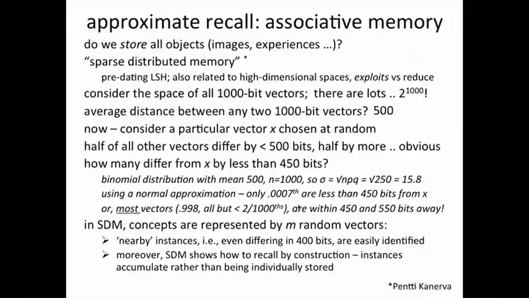Further, because of the way SDMs store instances, not as individual objects, but as combinations, the SDM is able to recall, when presented with a query object, by constructing an object from the history of all the objects it might have seen in the past.